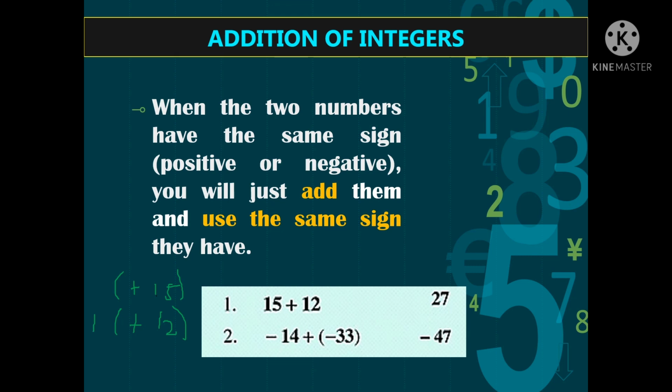So we add them: 5 and 2 gives 7, and 1 and 1 gives 2. So that is equal to 27, and their sign is positive, so we will just copy it. Positive 27. Let me just erase this.